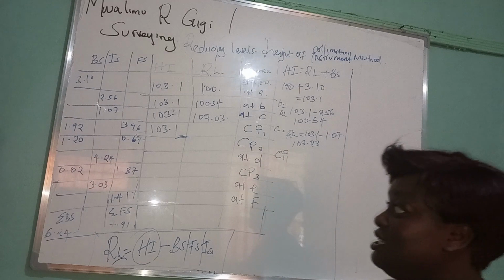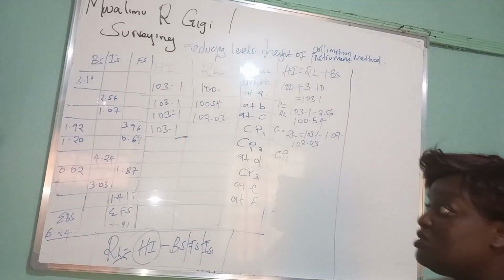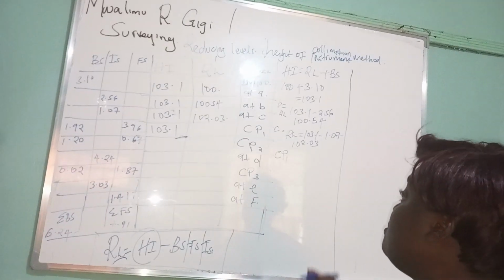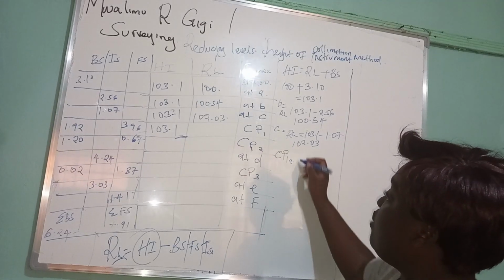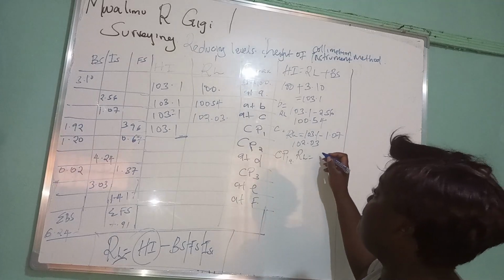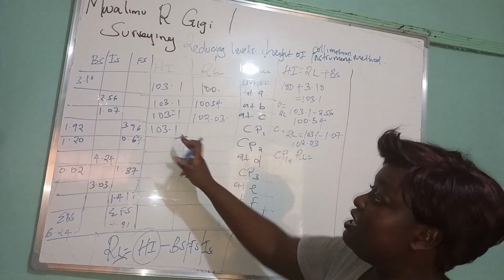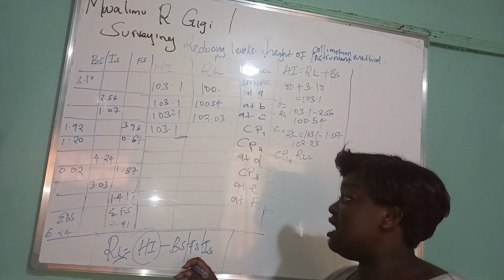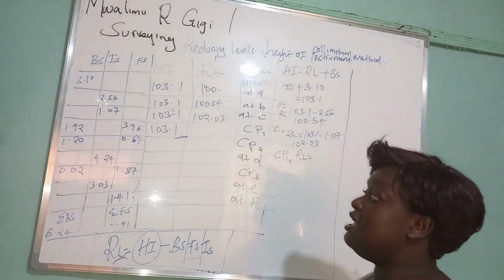At change point 1A, we want to get the reduced level, and then we use that reduced level to get the height of instrument. So we have the height of instrument, 103.1, and a foresight of 3.96.